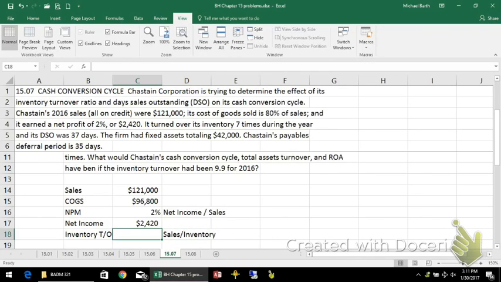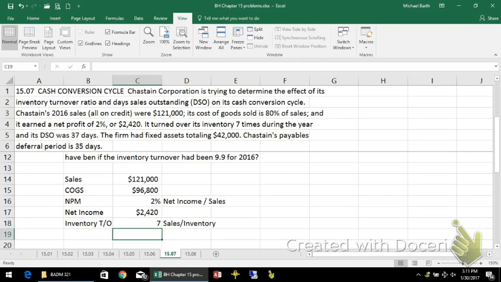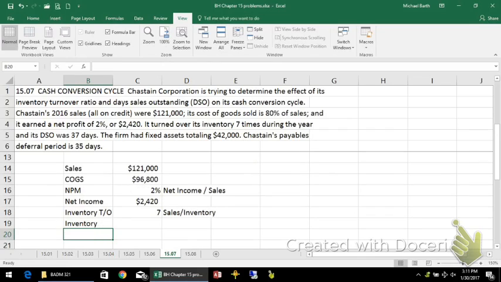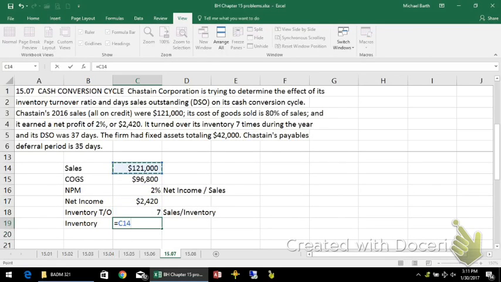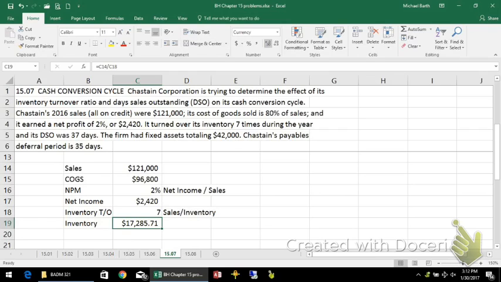Anyway, that's what your authors use, so that's what we're going to go by. That's $7 of sales for every $1 of inventory. Divide the sales by that, and that gives me the dollar amount of inventory on average.